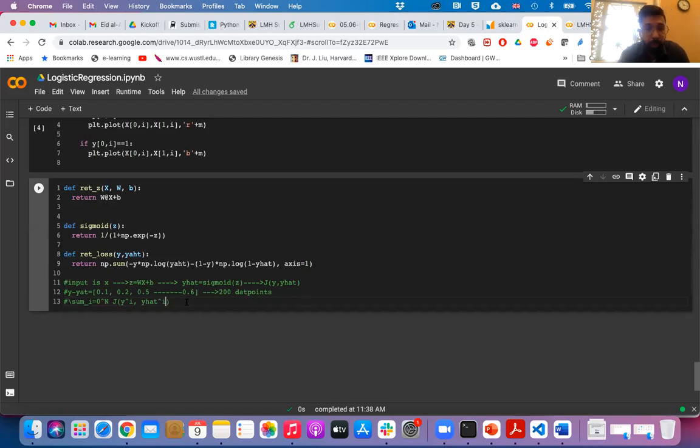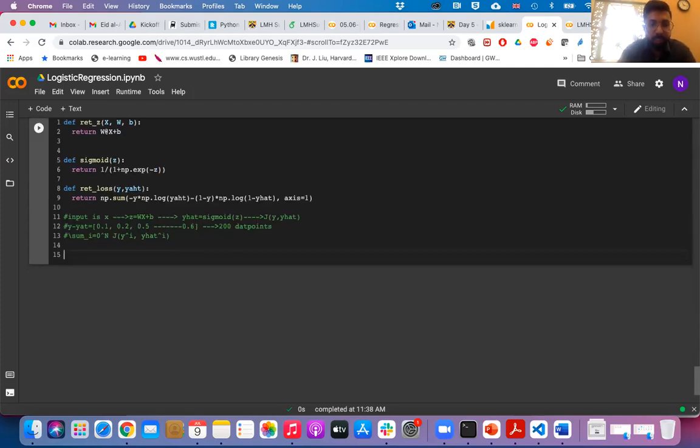So for each data point, you have to sum the loss. That's why we have this sum, and the sum goes along the columns because the data points are sitting in the columns. Is it clear? Any other questions for anyone? Okay, so it seems like we're good to go.